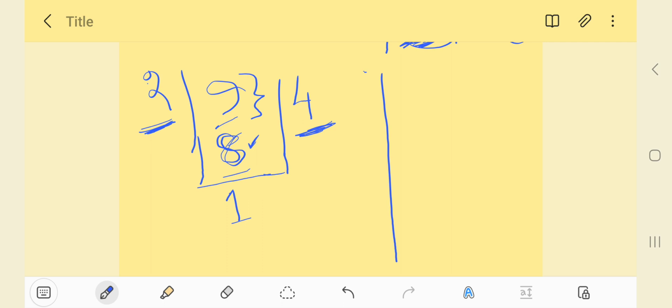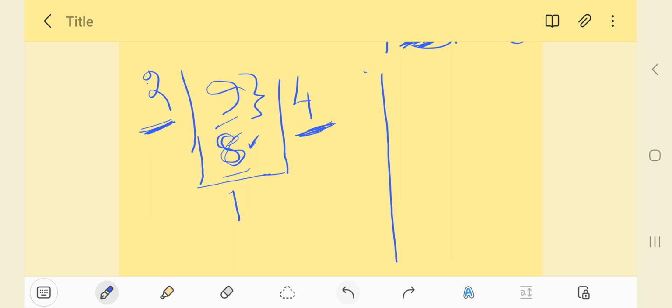We were multiplying 2 by 4, and then we have 1 remaining. I would like to complete the whole math to see how far we can go to solve it.